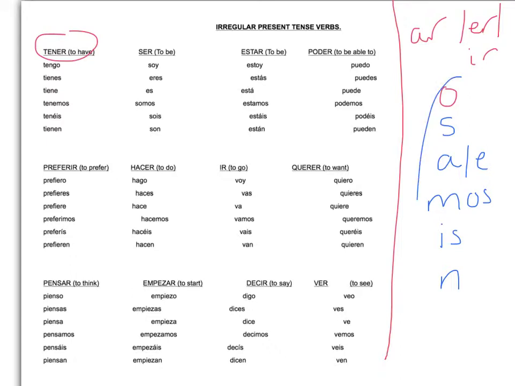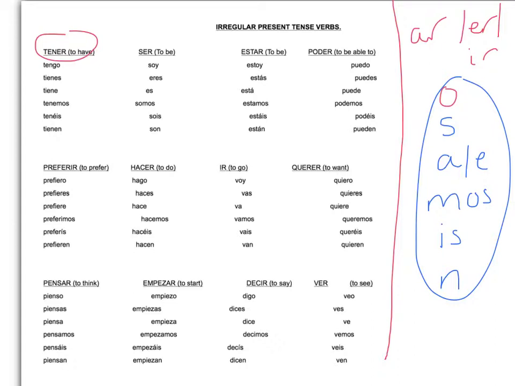So those are some of the patterns which you will see do cross over even into the ones which are irregular. Now, as you can see on your handout, there are a lot of irregular present tense verbs. However, you do not need to know them all, and at no point do you have to be able to know them off the top of your head. Because when you prepare for your controlled assessment, you have everything there to help you.